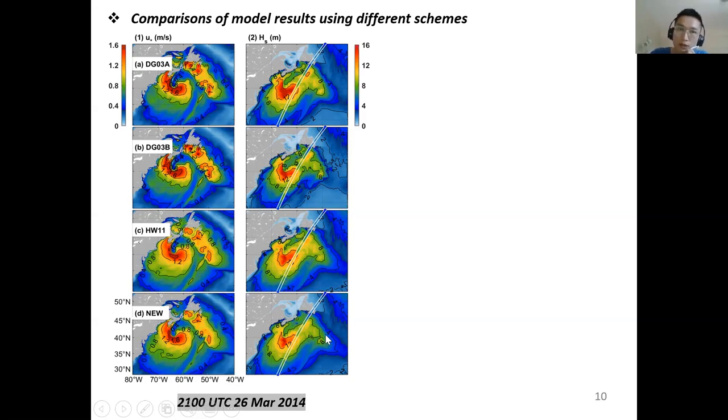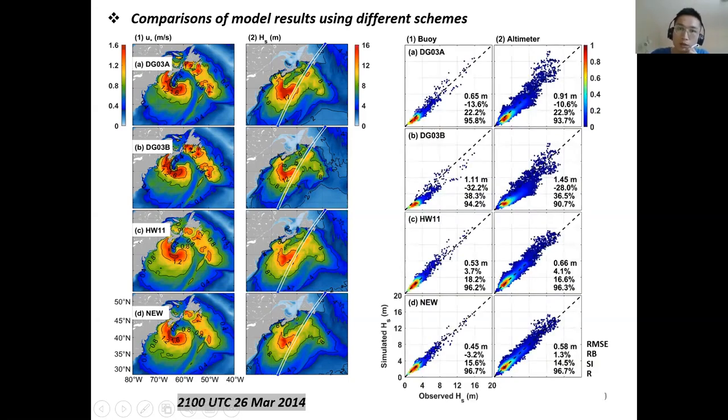So if we compare the model result with all available observational data from buoys and altimeters, in terms of the scatter plot, we can see for the first two schemes, the estimation of significant wave height at high winds, and larger underestimation for the low values.